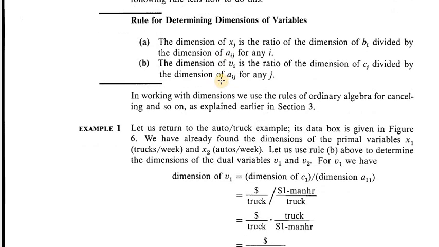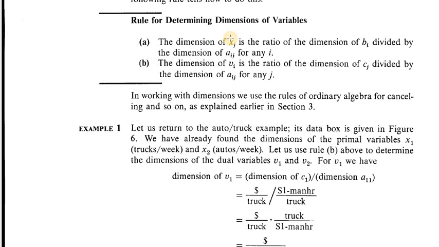Now, you remember a couple videos back I had a long discussion about the dimensions of the quantities in the data box. And it turns out that when you have dual problems, the dimensions of the minimization variables are not the same as the dimension of the maximization variables. All right, so the dimensions are different. So these variables have different interpretations.